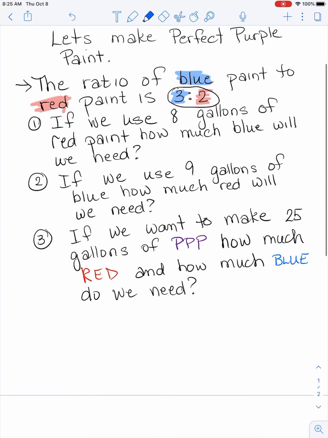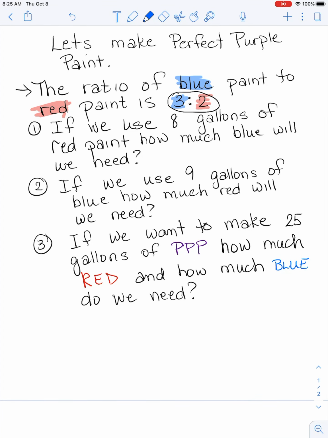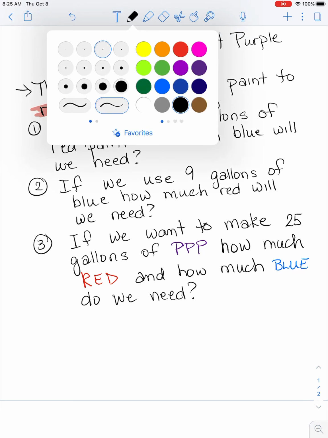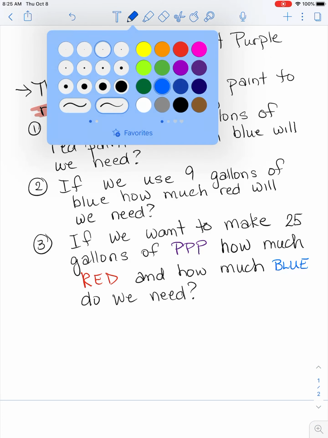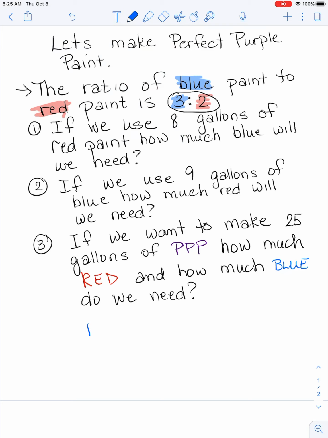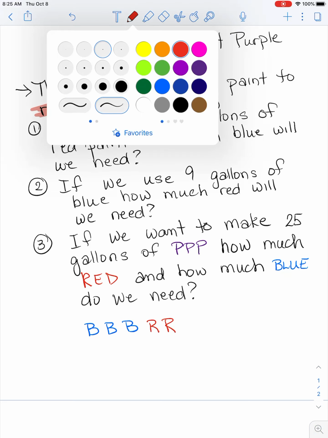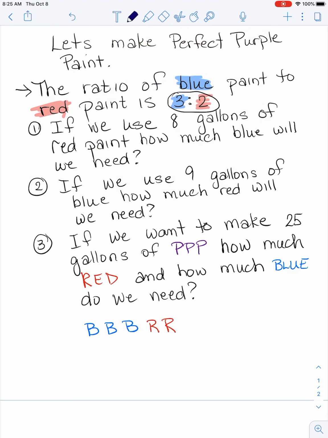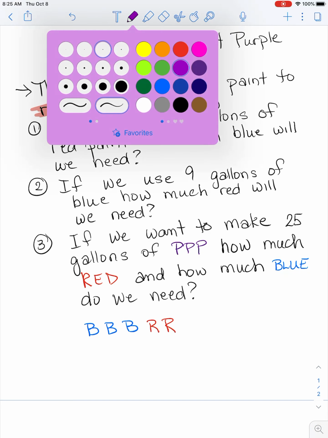Okay, so I'm going to represent one batch of perfect purple paint as having 3 parts blue, so I'm going to put 3 B's, and 2 parts red, and that would be one batch of perfect purple paint.